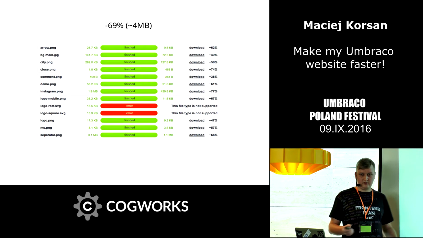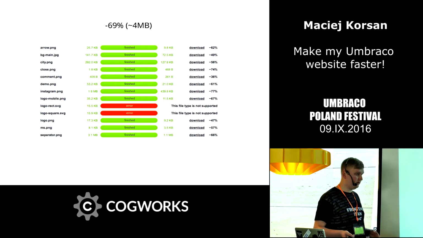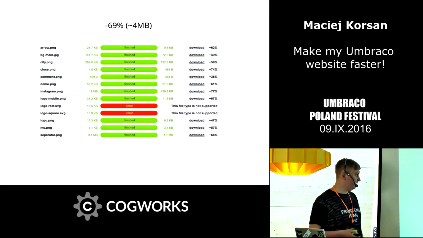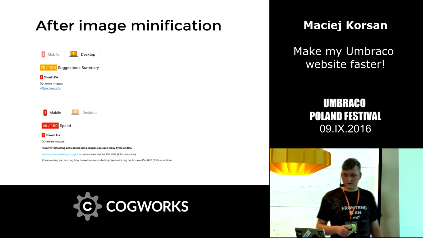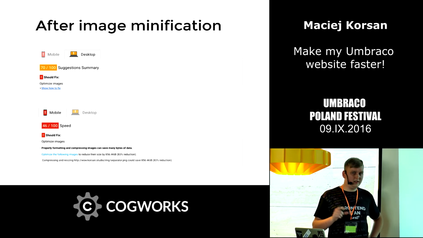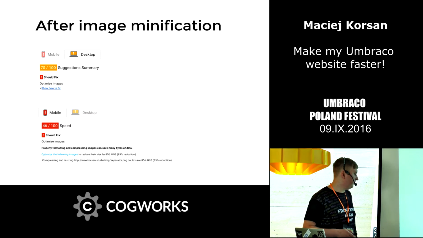After I uploaded all these files to TinyPNG and downloaded them back, I've saved about 70% of bandwidth just on images. So it's 4 megs. I think there is a little quality loss, but it won't be visible for a user.